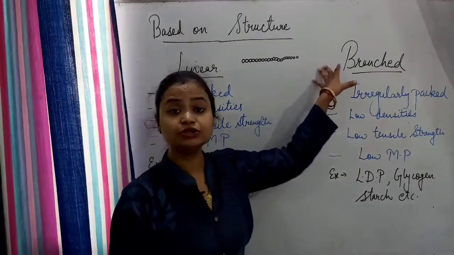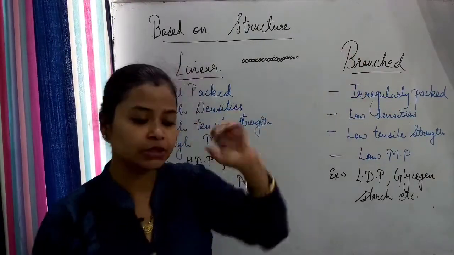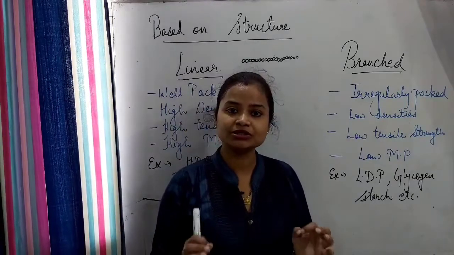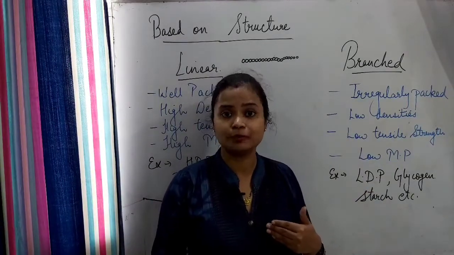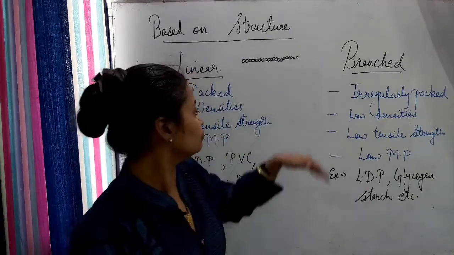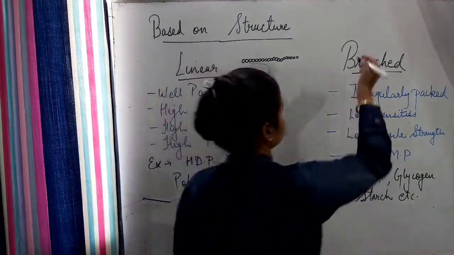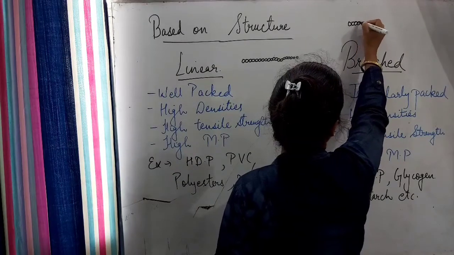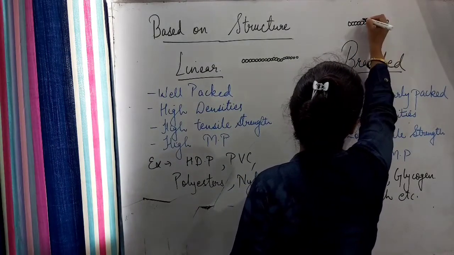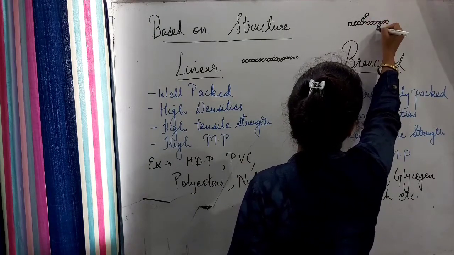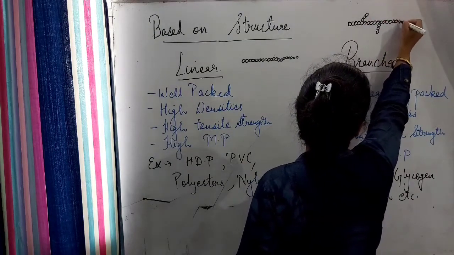Then branched polymers. Here the monomeric units are linked together to form a long chain with side chains or branches. For example, this is the monomeric unit and they are linking together, and here some side chains and branches of irregular length will be there.